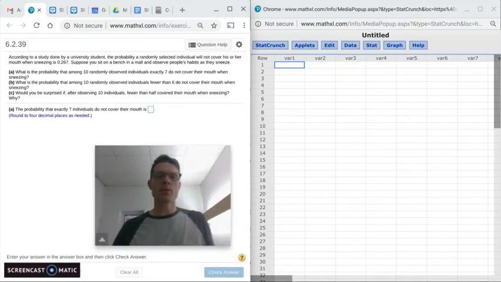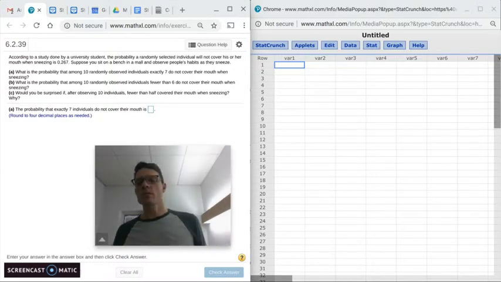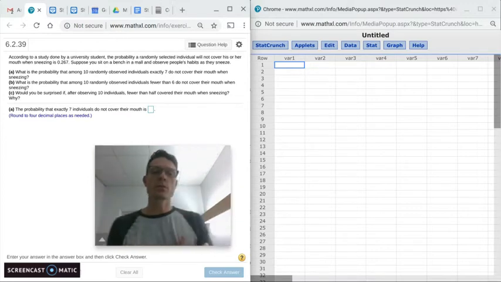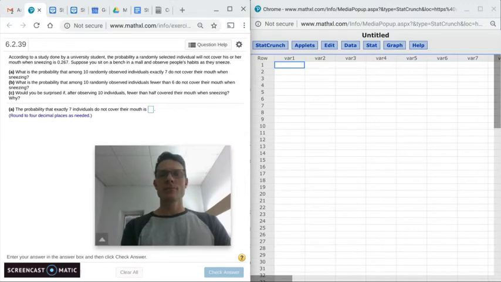So this is a classic binomial probability problem where the experiments are independent of each other. Like one person covering their mouth doesn't affect whether another person covers or doesn't cover their mouth. We were doing 10 trials of the experiment, and we know the probability of the person not covering is about 27%.